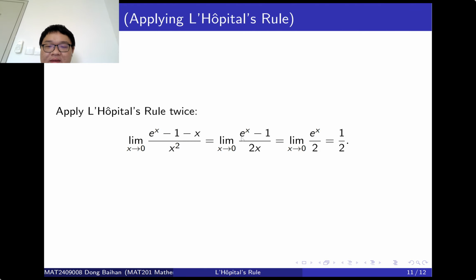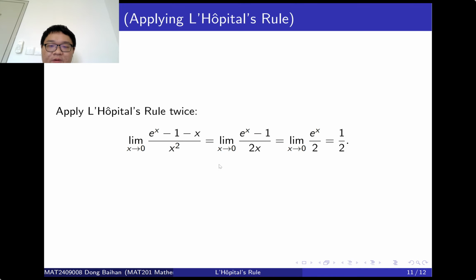So the limit is this one, and then we can calculate: e to the 0 is 1, minus 1 is also 0, and 2x is also 0, so it's also 0 over 0. When we meet this situation, we need to use L'Hopital's rule for the second time. So it becomes e to the x over 2, and the final answer is 1 over 2.